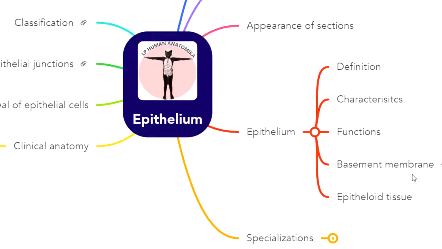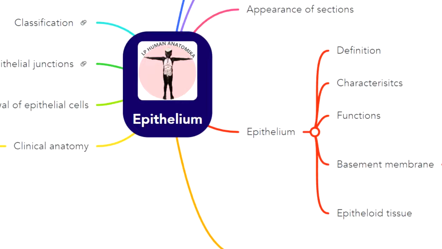Now, basement membrane is an extracellular matrix composed of glycoproteins, type 4 collagen and laminin, divided into the reticular lamina and the basal lamina. Basal lamina is further divided, and it binds the epithelium to the connective tissue. It acts as a barrier between the two, and it helps in cell organization and repair.